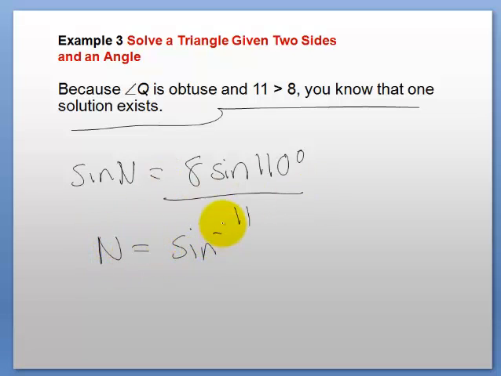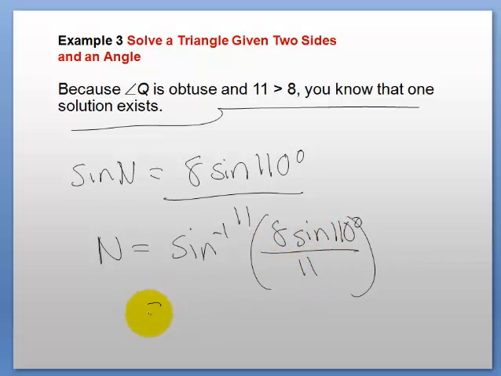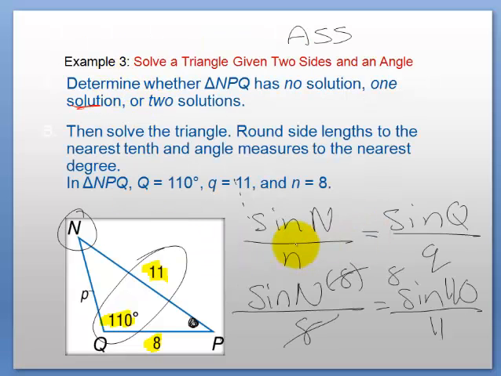So that means that I'm really finding the inverse sine of this relationship. And when I do that, I get 43 degrees. So if I go back to my triangle, I now know that this is 43 degrees.